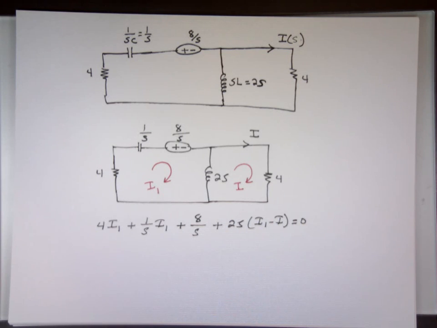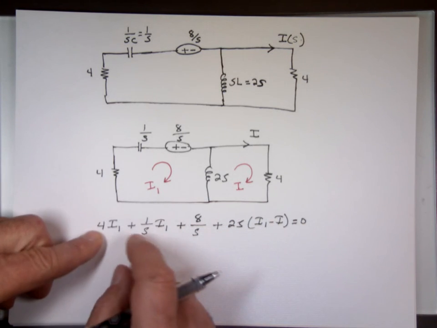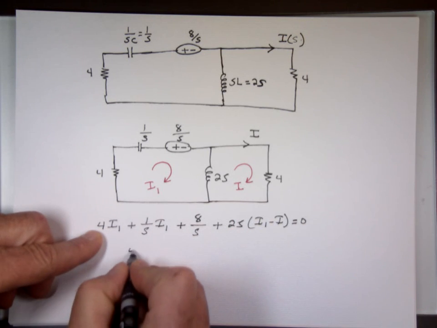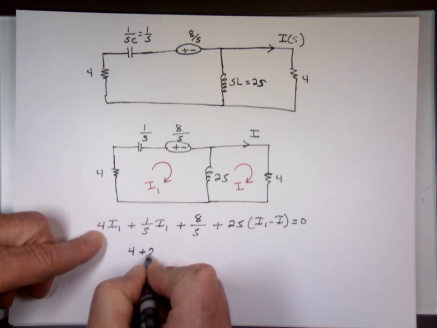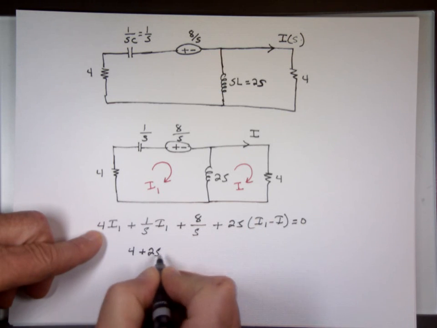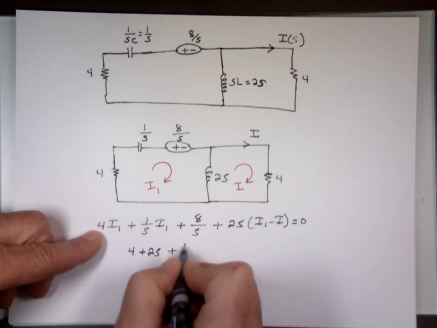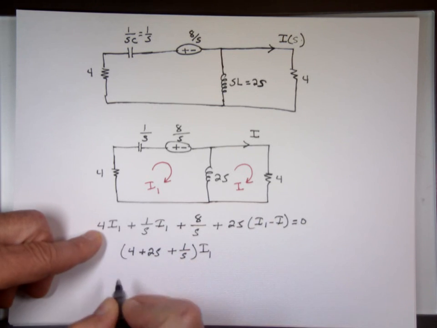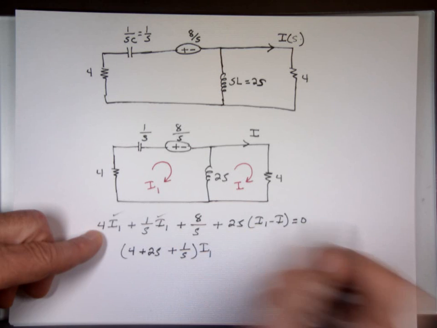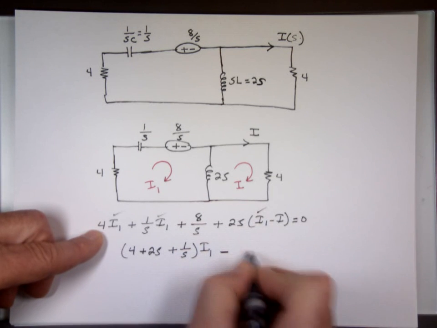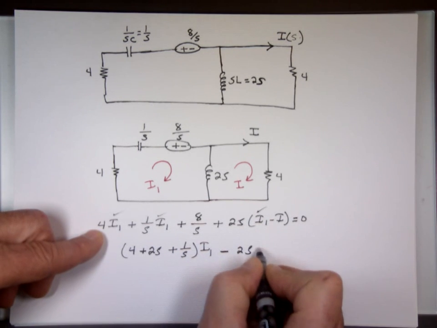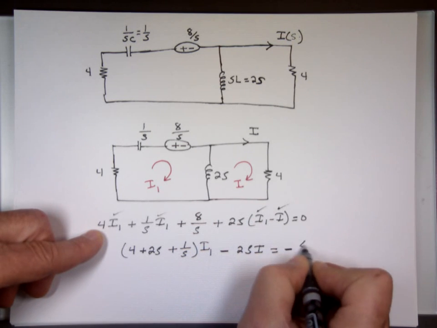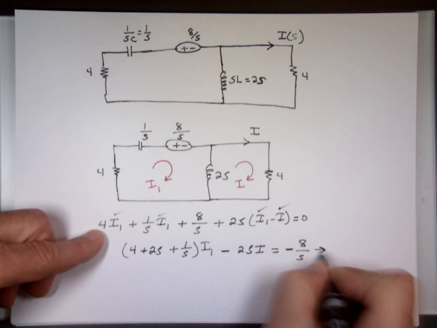Let's collect like terms. 4 plus 2S plus 1 over S times I sub 1, minus 2S times I, equals negative 8 over S. That's equation 1.